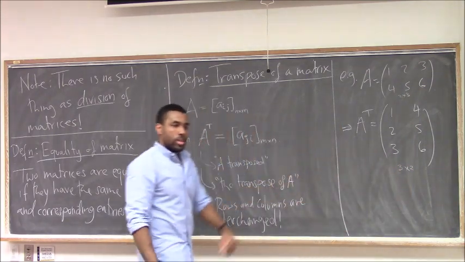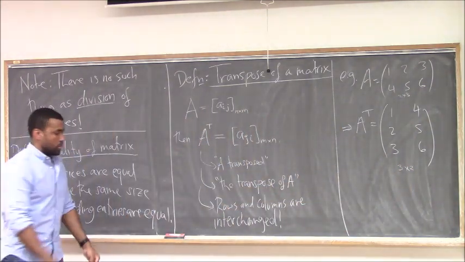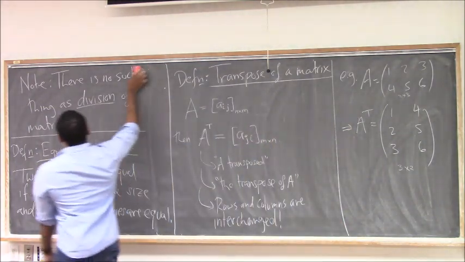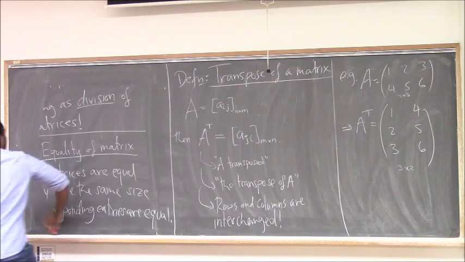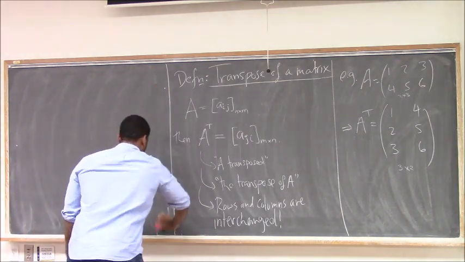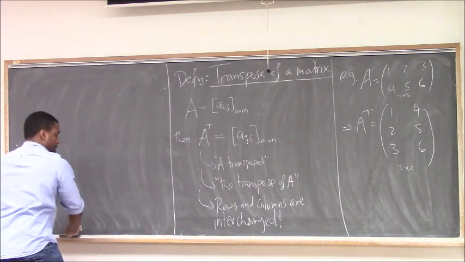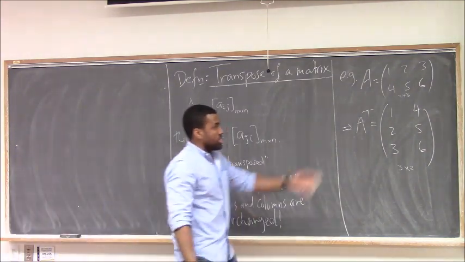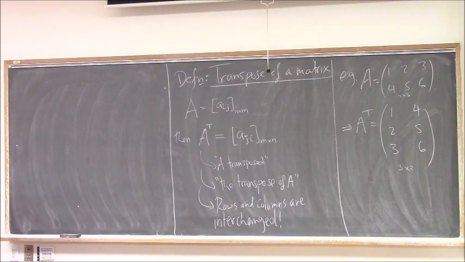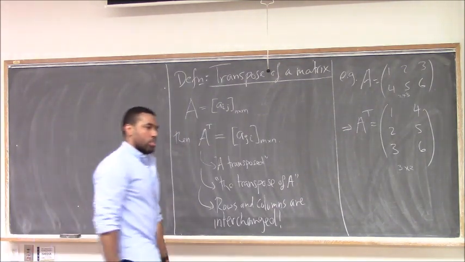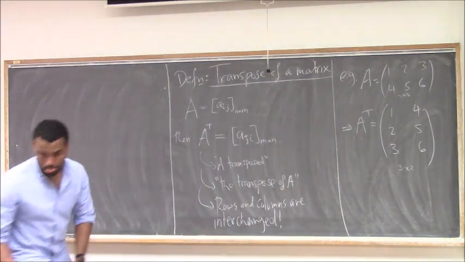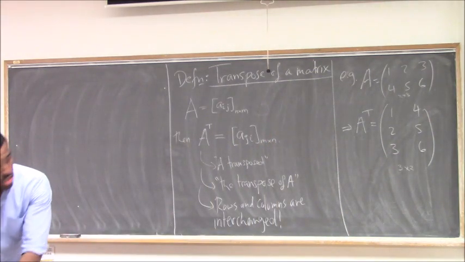Rows and columns, everything gets interchanged, including their dimensions. There are a lot of things we're going to want to do with matrices that are defined in terms of transpositions, and there's also a geometric interpretation to this, which we might talk about, but we might not. So that's the transpose.